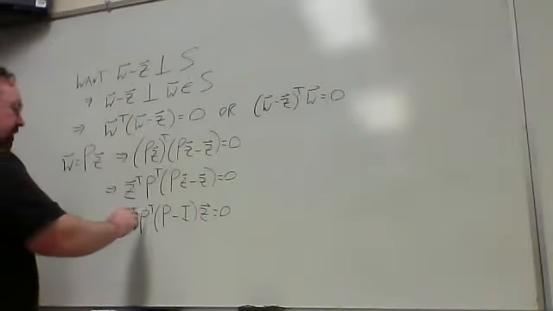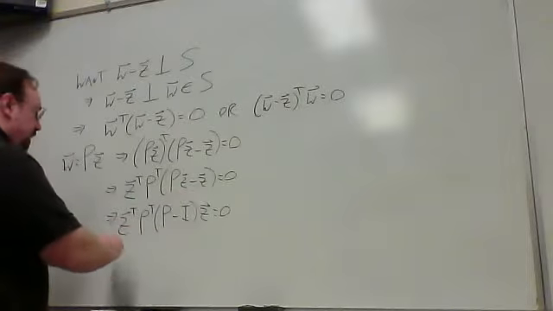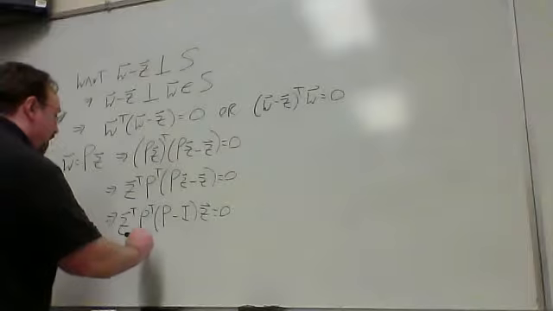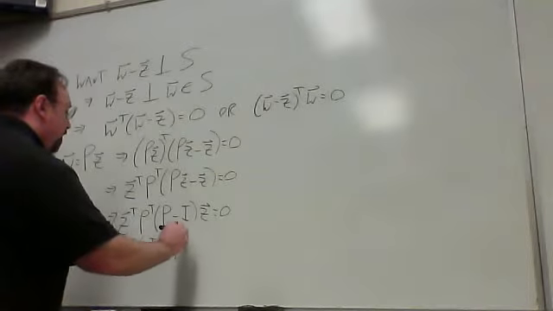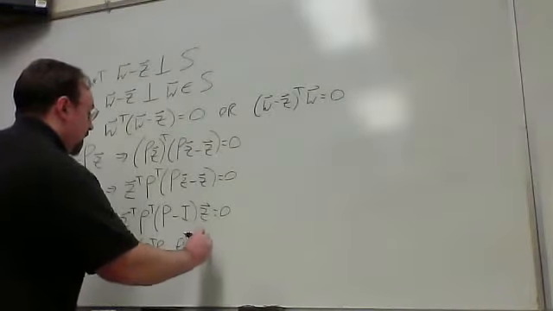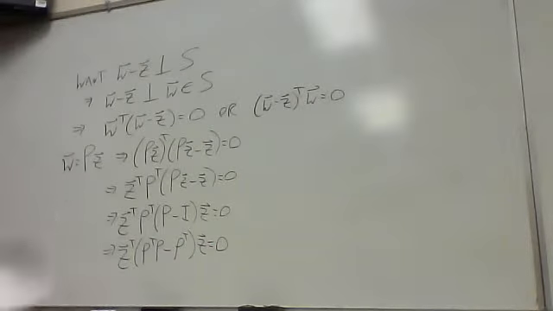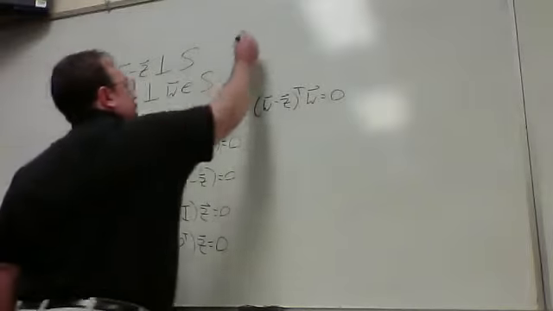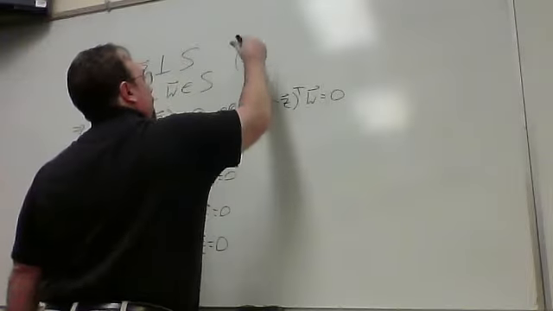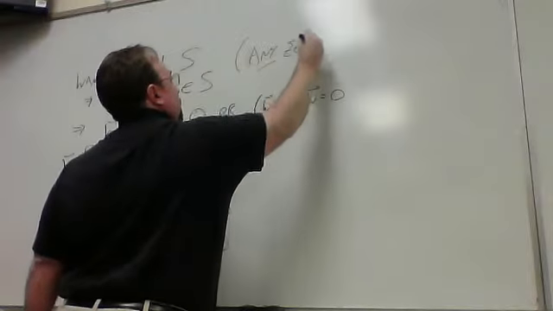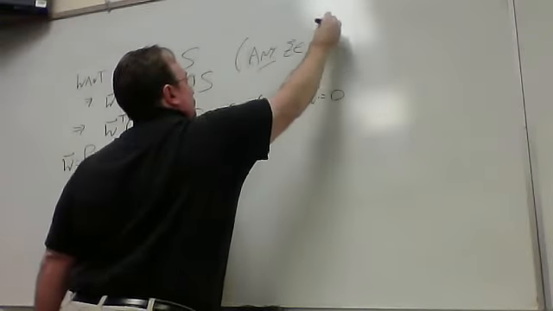Now I can take this P transpose and distribute it inside. So I have Z transpose (P transpose P minus P transpose) Z is 0. And this has to be true for all Z, so this is the case for any Z in Rn.